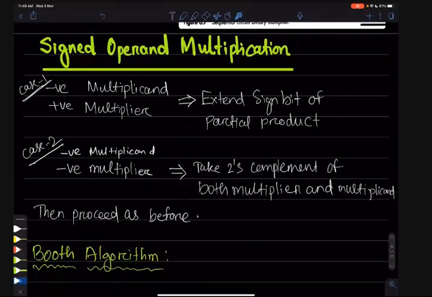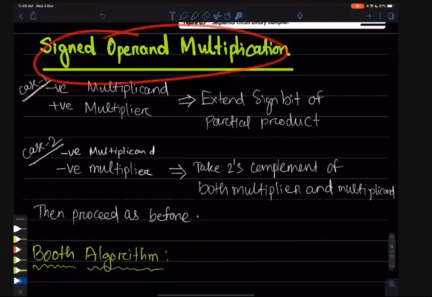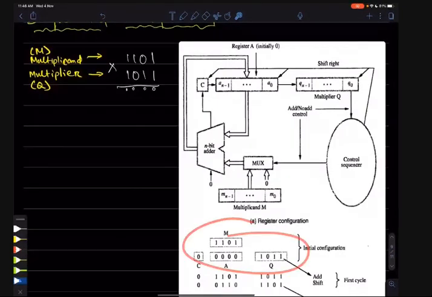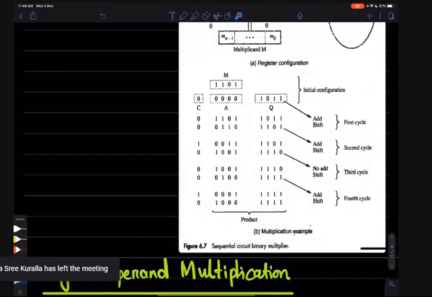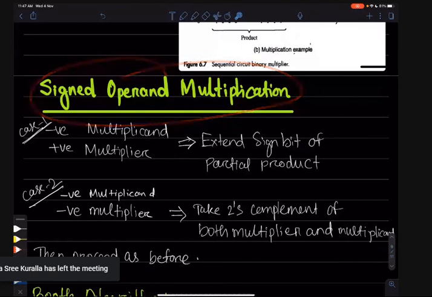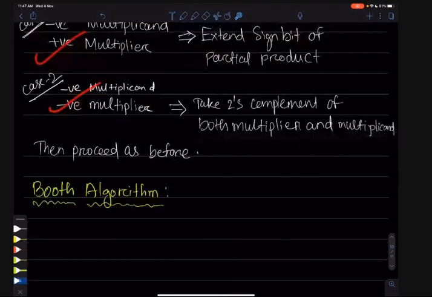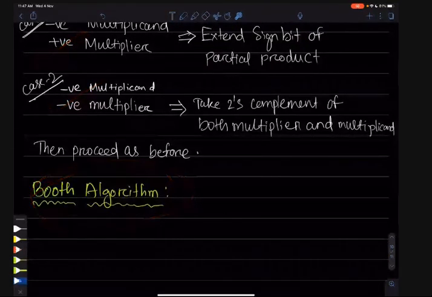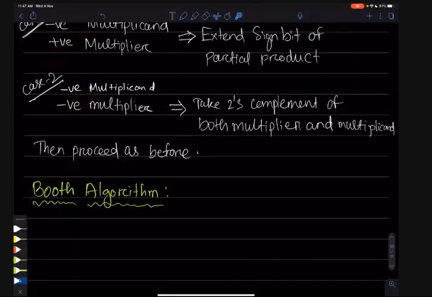In the next class we will see one example of signed operand multiplication, both the cases, and then we will continue with the Booth algorithm. Up to this, if you have any doubt, you can ask, or otherwise we will stop the class.